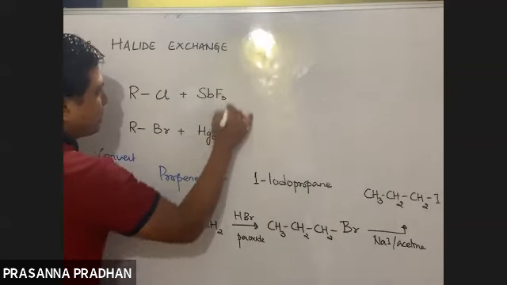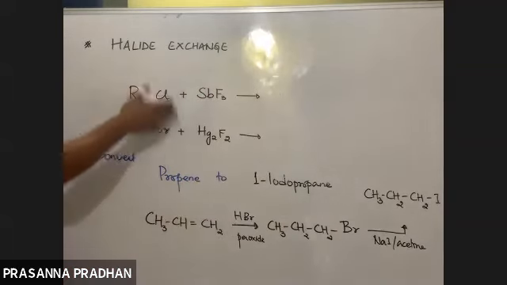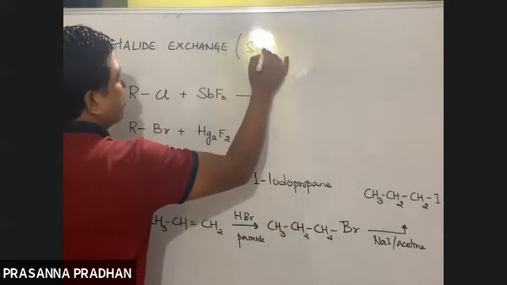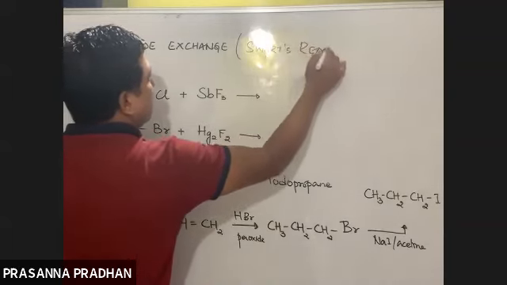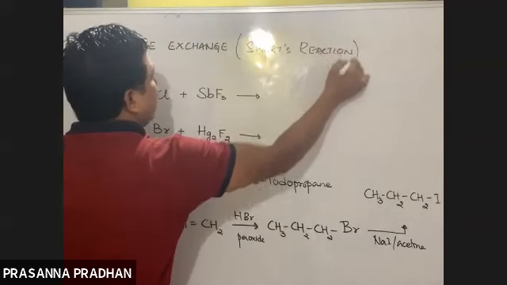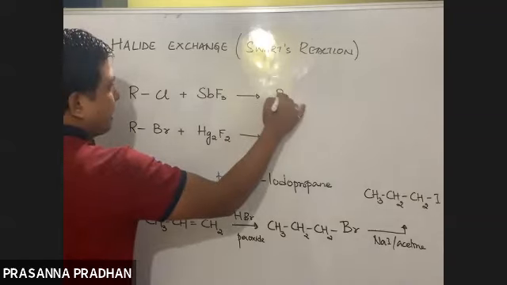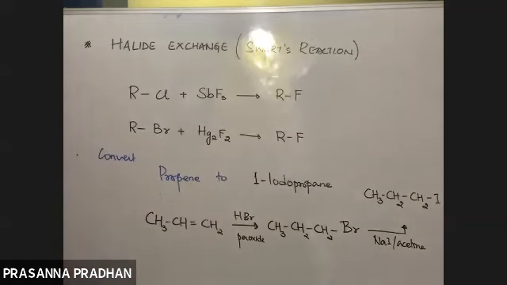And the reaction with these reagents is known as the Swarts reaction. We get alkyl fluoride like this. So it is a halide exchange reaction, where chlorine and bromine are being exchanged with fluorine.